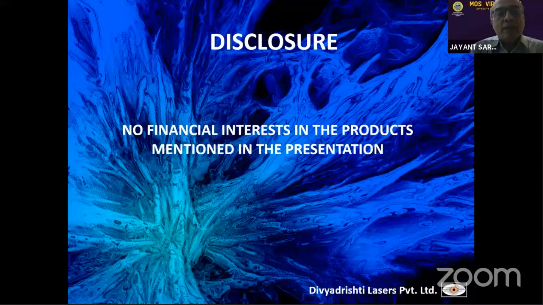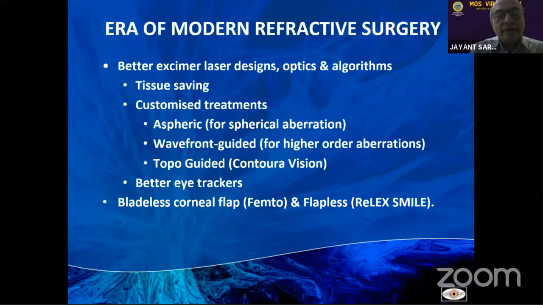With better laser designs, optics and algorithms, tissue-saving algorithms, customized treatments, aspheric treatments, treatments for higher order aberrations, and topo-guided treatments, for primary myopia, Contoura Vision, laser vision correction has become a very dependable job.